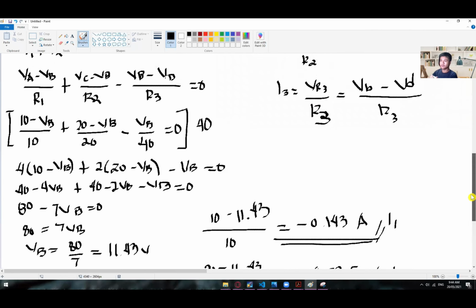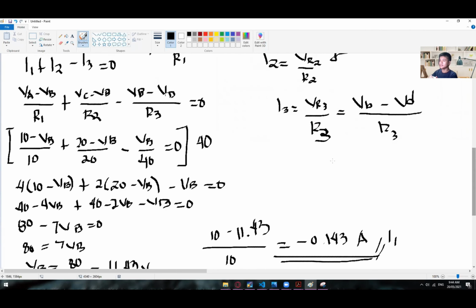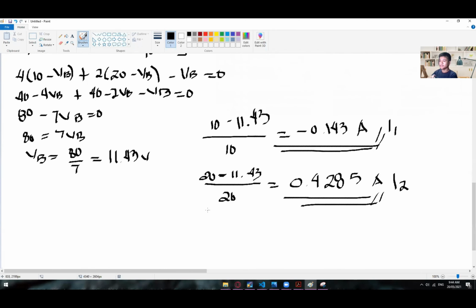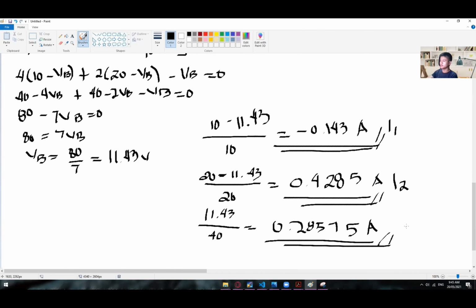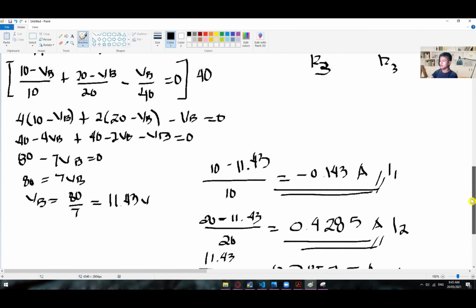And for the last one, I3, that is VB divided by 40. So VB is 11.43 divided by 40, which gives us a result of 0.28575 amps. This is now our I3.